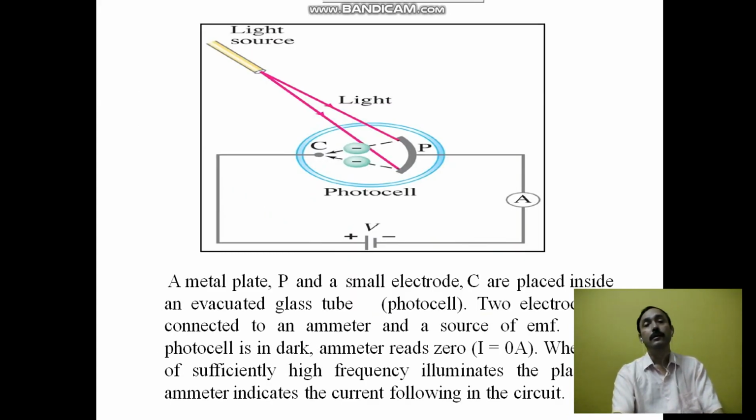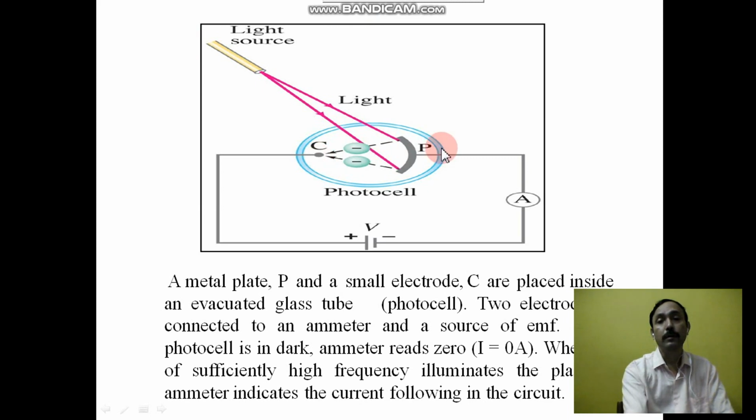So here, this is a schematic diagram to produce photoelectrons. This is a plate P. Sorry, this is not the cathode, this is C. C is the collector, P is the plate.